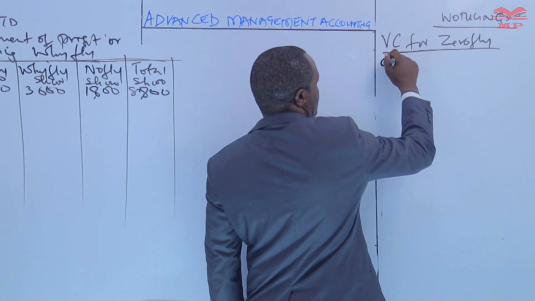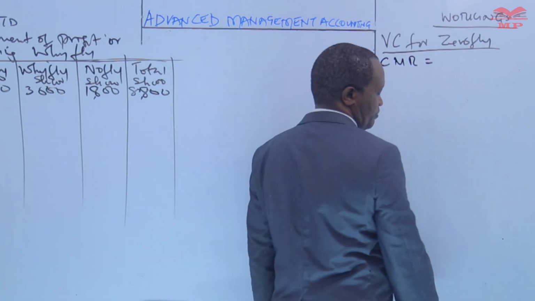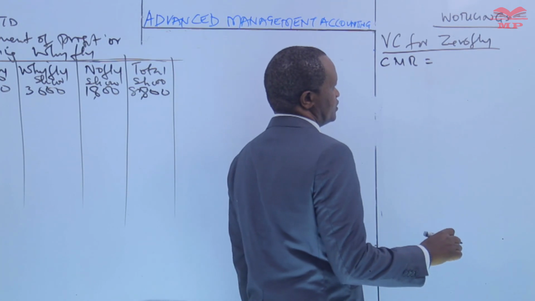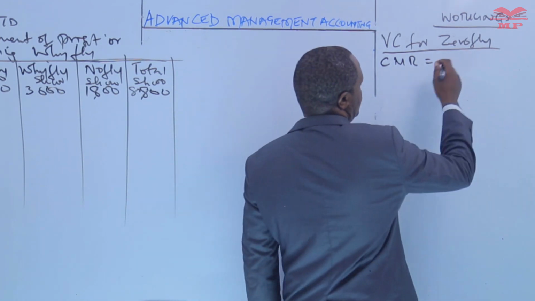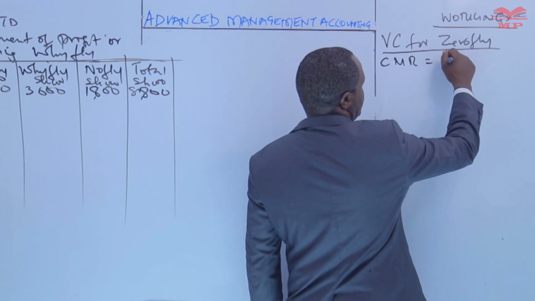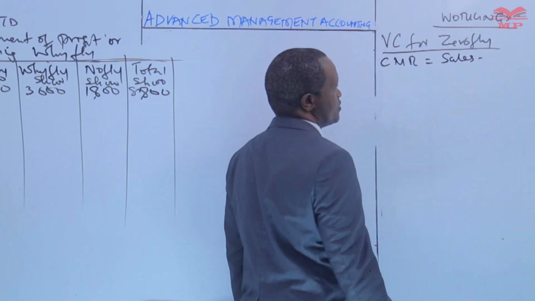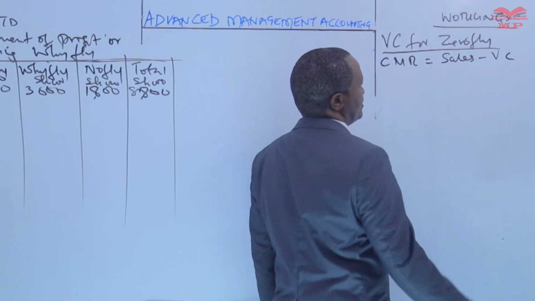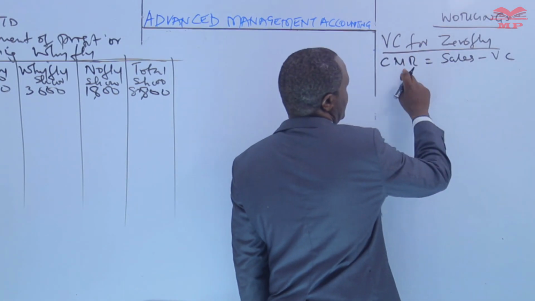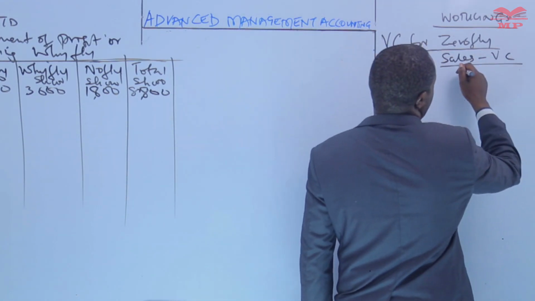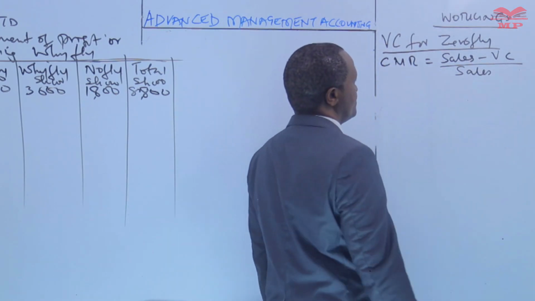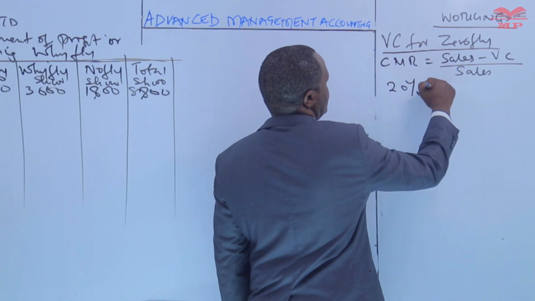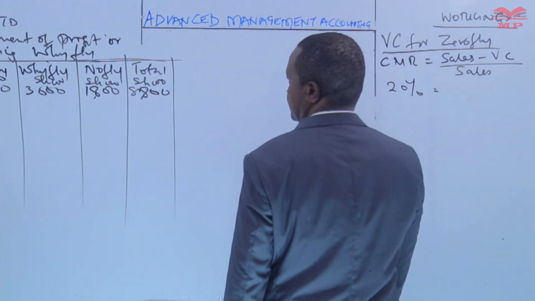The contribution margin ratio is equal to contribution over sales. And we know contribution is equal to sales minus variable costs. That is how to determine contribution. So to get the contribution margin ratio, we divide this by the sales. So we have the contribution margin ratio of 20%. We have the sales for Zero Fly, 4 million.